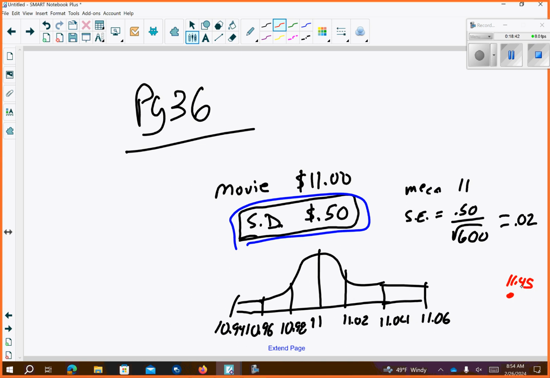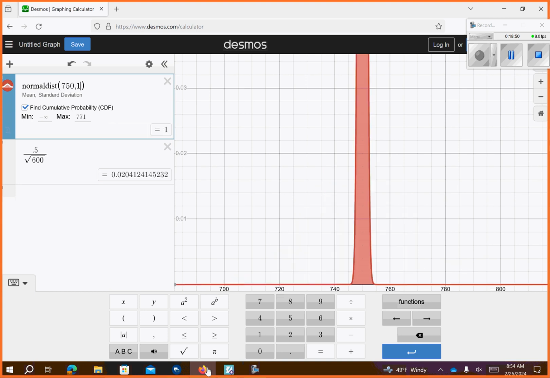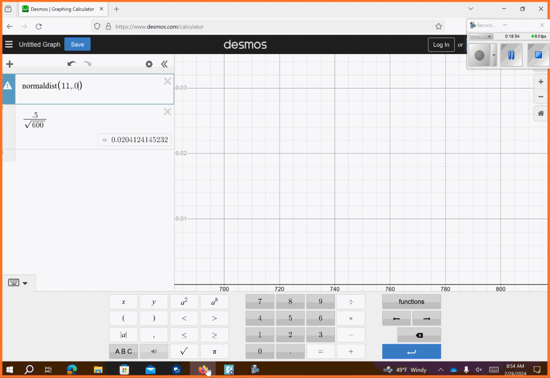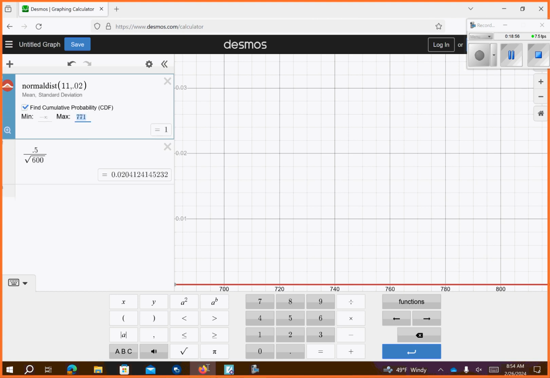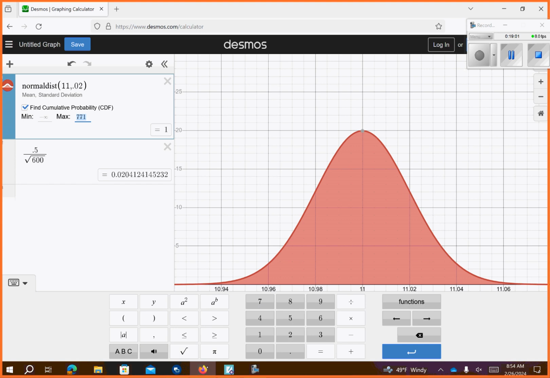So let's figure out. I actually know what our p-value is. Our p-value, if we do this, we have 11, 0.02, and we're going to call this 11.45.